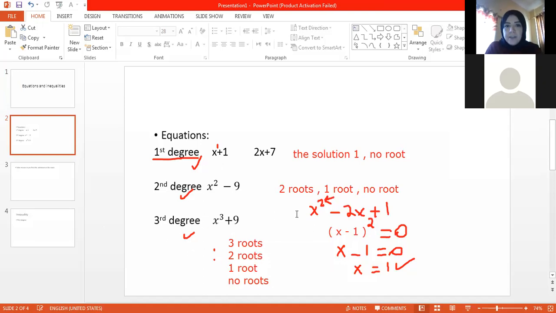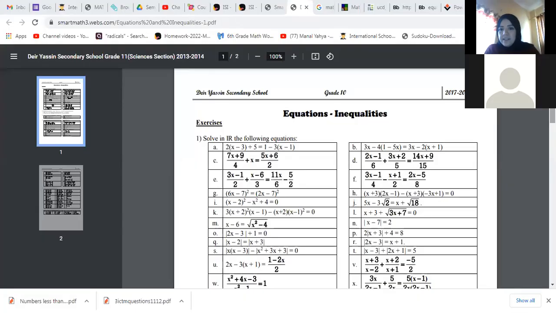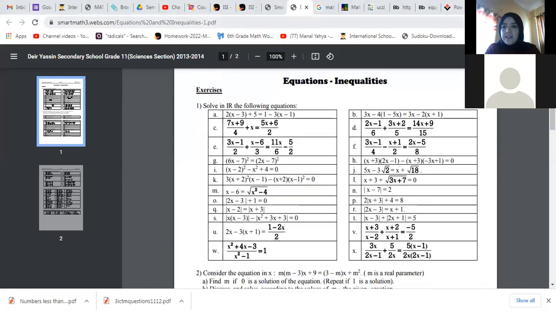I will share with you something. Can you see this exercise? Yes, I can see it. All of these are equations that you have to solve in order to find the roots. Sometimes you might have no root, sometimes you could have 2 roots. It depends on the degree.